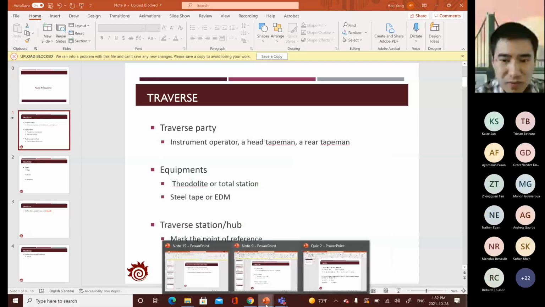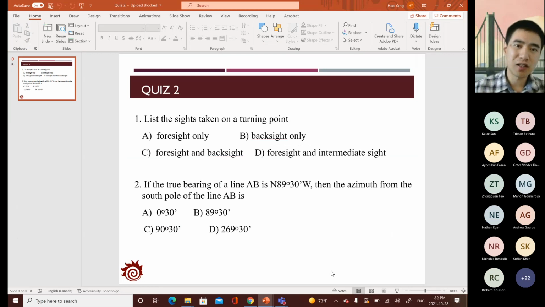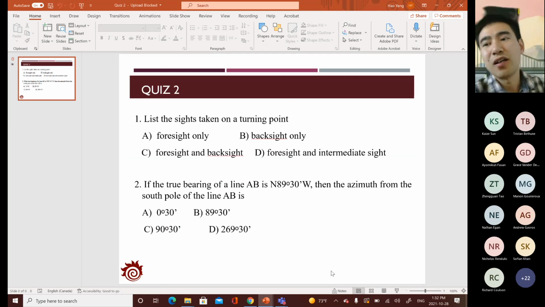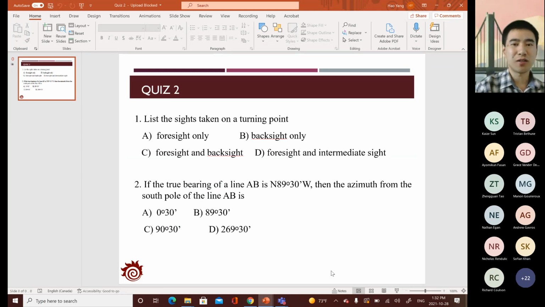Okay, so here are the two questions for the quiz yesterday. Those will introduce some basic concepts that we learned in leveling and angle measurement. The first question wants us to list the sides which we are taking at a turning point.